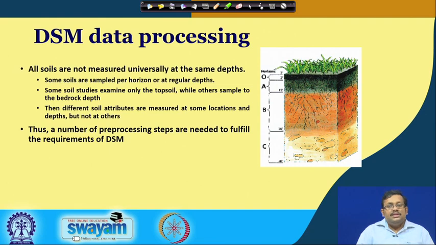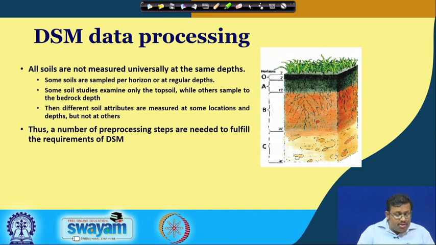Sometimes the data for O and A is available, however the B and C data is not. Sometimes O and C data is available, however B and A data is not. So there is heterogeneity in terms of data availability, and that is why we require some data processing.